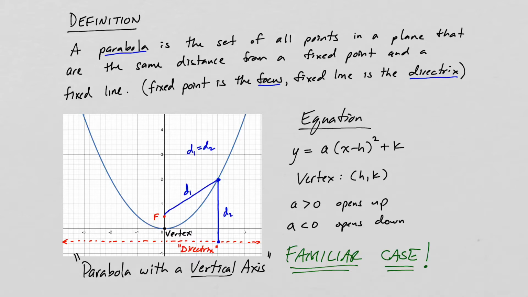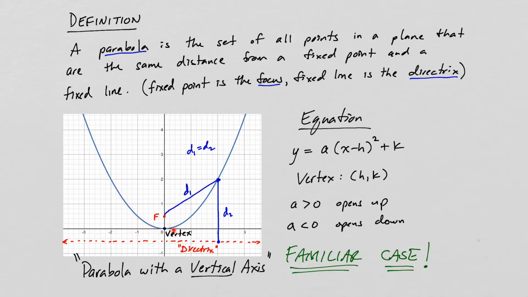It turns out that this focus is always located on the inside of the parabola, just above the vertex here. And the directrix is a line, a horizontal line in this case, on the other side of that parabola.